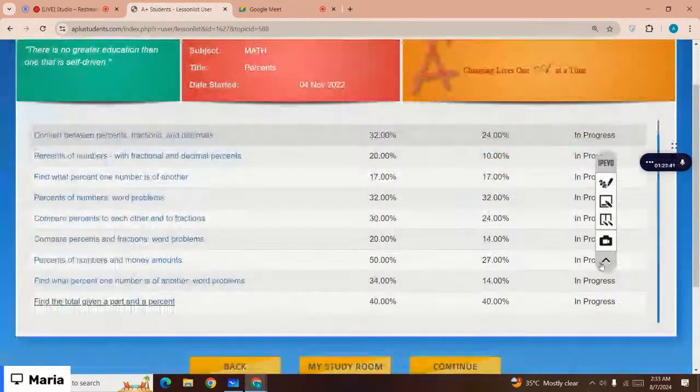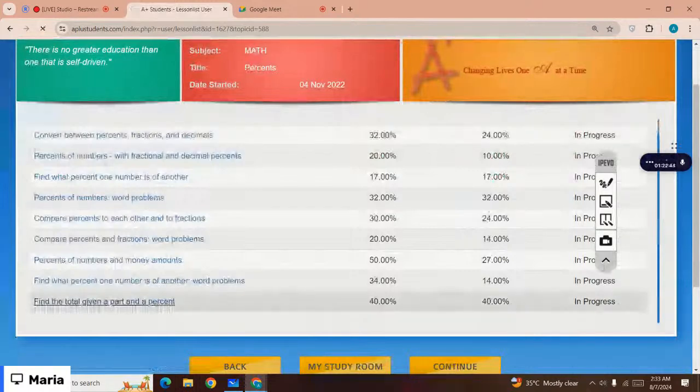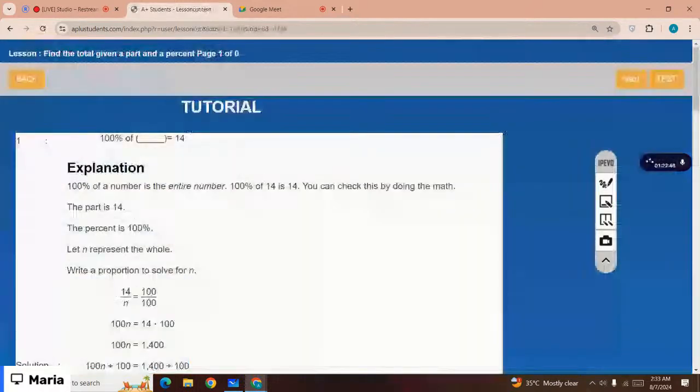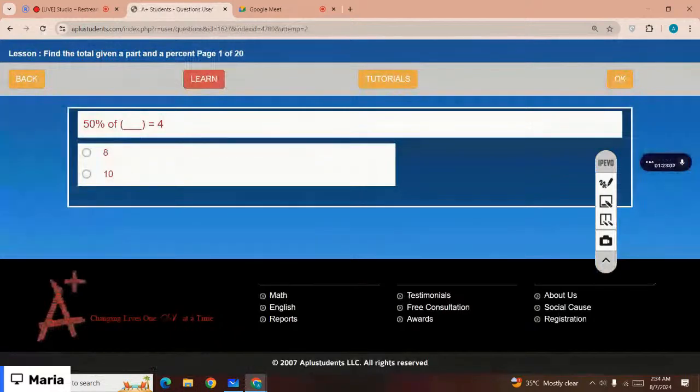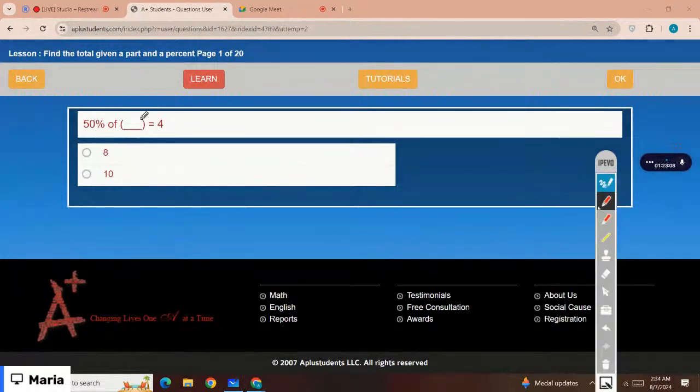Find the total given a part and the percent. 100% of what number is 14? Let's just start with the test question. 50% of what number is 4? You have to find the whole number, right?